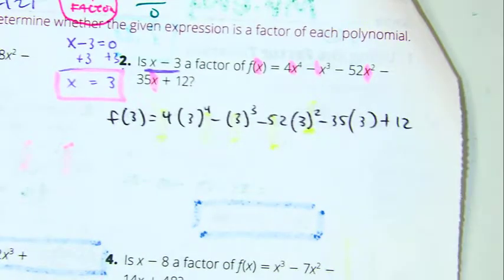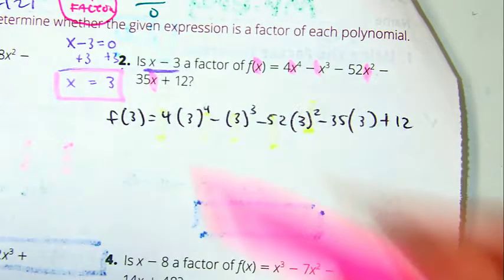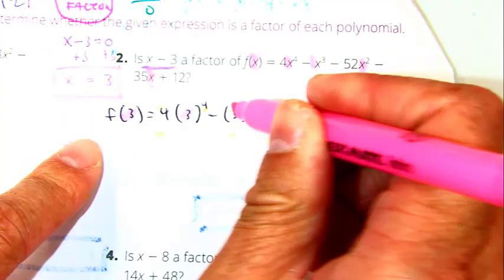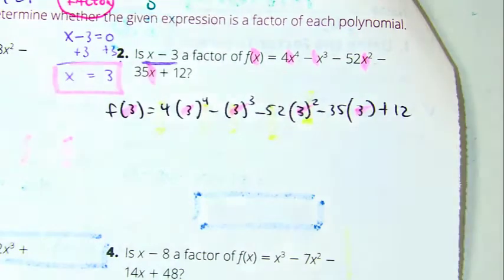All I did there was put in 3 for every x value. I'm going to pause here. I'm going to give you and your partner 60 seconds to simplify the rest, and then I'll call on you to help me with the rest. Ready, set, go.